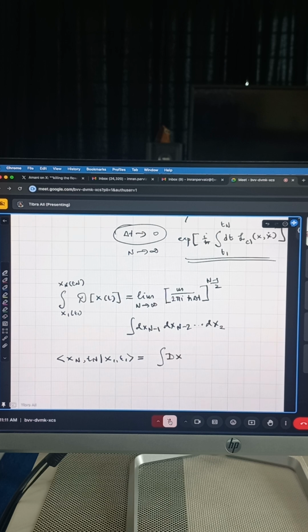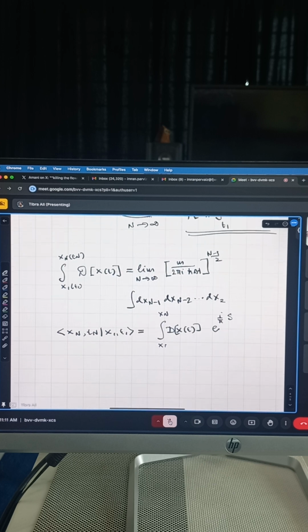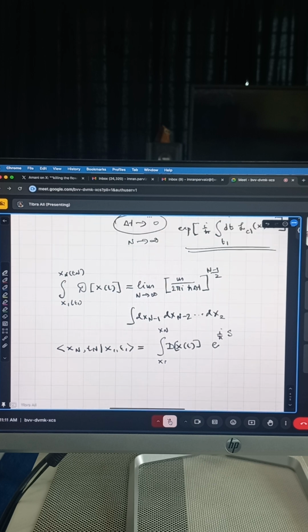And here we have e to the power i by h bar times the classical action evaluated on each of these paths, right? As we know, the classical action is a functional, so it depends on the path. Okay, so this is the path integral.